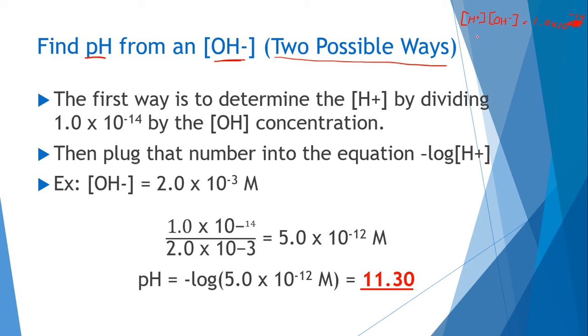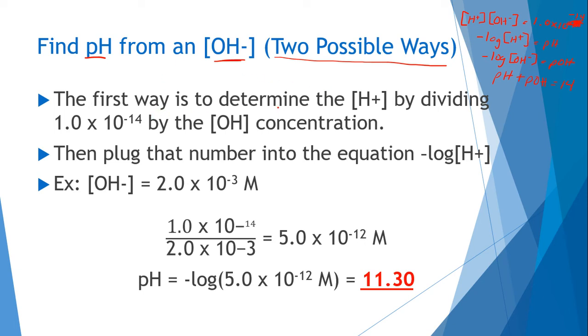The other one you need to remember is negative log of your H plus concentration equals your pH. Negative log of your OH is going to equal pOH. And then lastly, pH plus pOH equals 14. So if you have those 4 written down, you're golden.